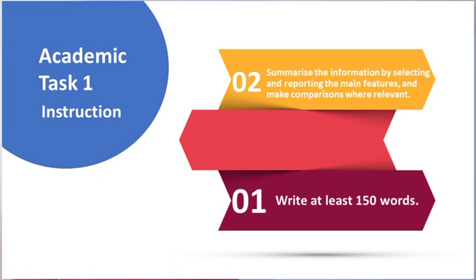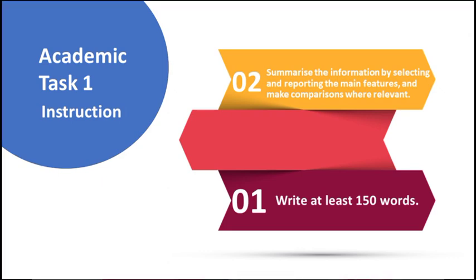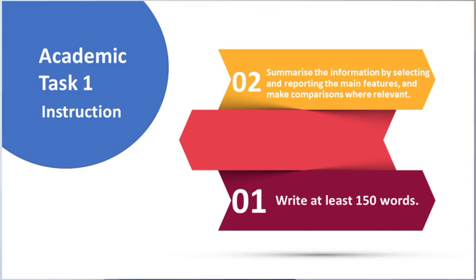Task 1, the second part of the instruction says, summarize the information by selecting and reporting the main features and make comparisons where relevant. This is important. You must ensure that all the aspects of this instruction are well carried out in your execution of this task. I mean, in achieving this task.